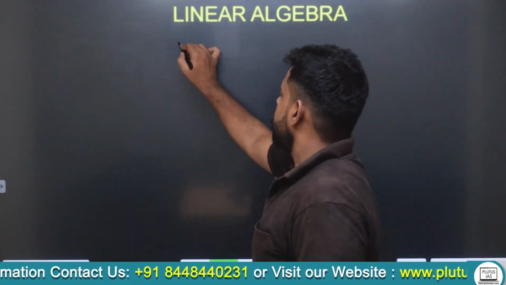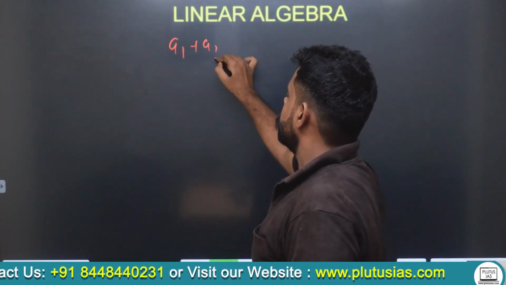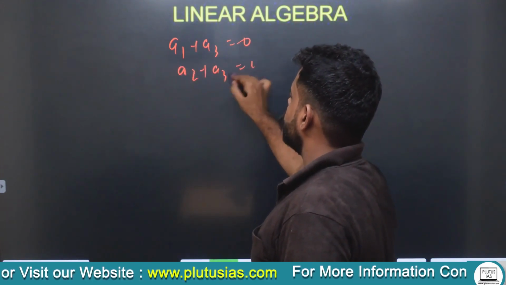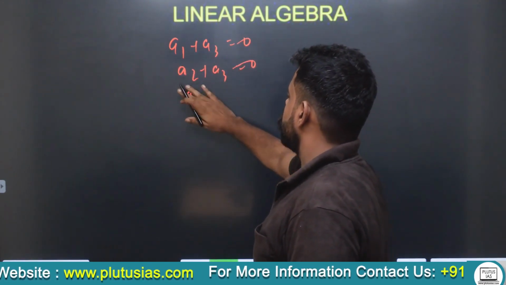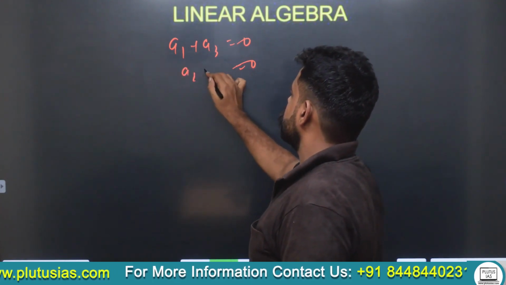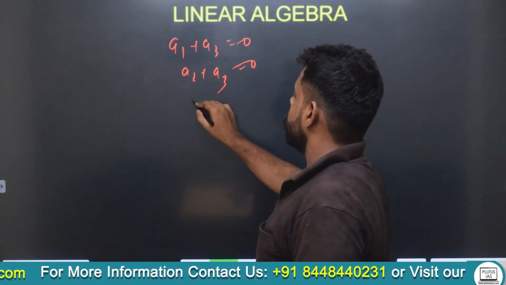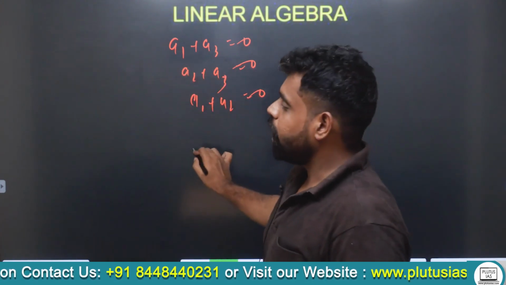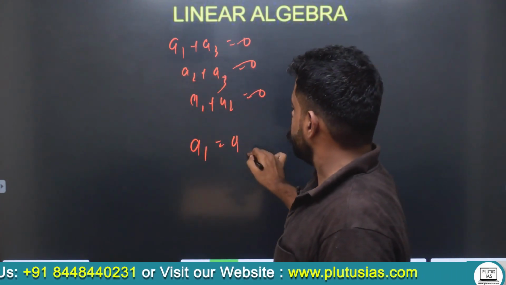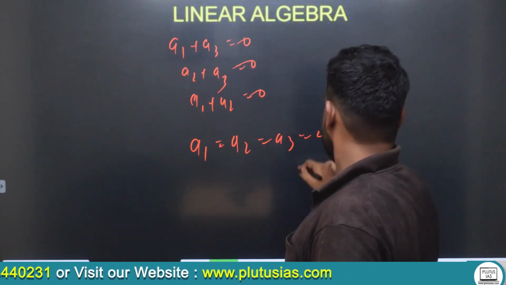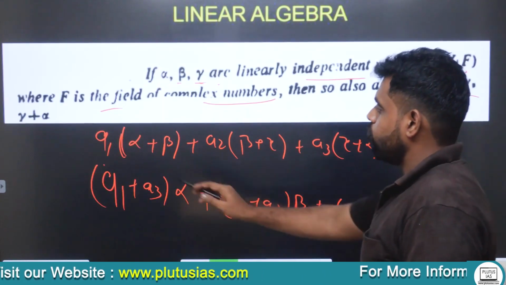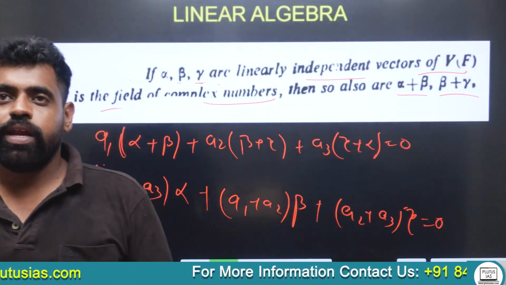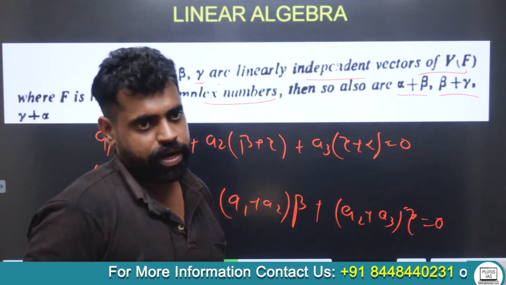That is a1 plus a3 equal to 0, a2 plus a3 equal to 0, and a1 plus a2 equal to 0. Solving this we get a1 equal to a2 equal to a3 equal to 0. So it is linearly independent.